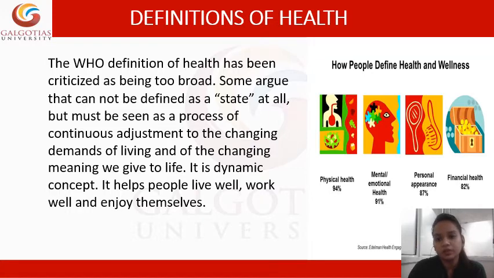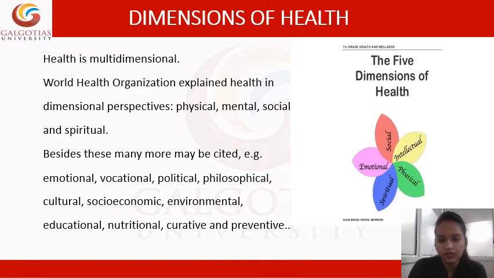How can people define health and wellness? It depends on various things, that is physical health, which is 94%, mental and emotional health, personal appearance, and financial health. Now, next is dimensions of health. There are five dimensions of health: social dimension, intellectual dimension, physical dimension, spiritual dimension, and emotional dimension.